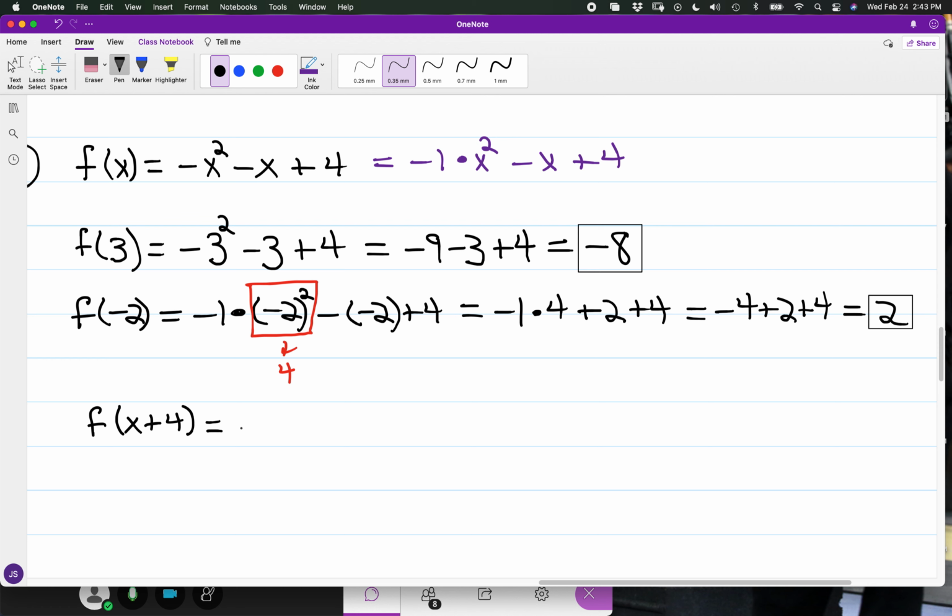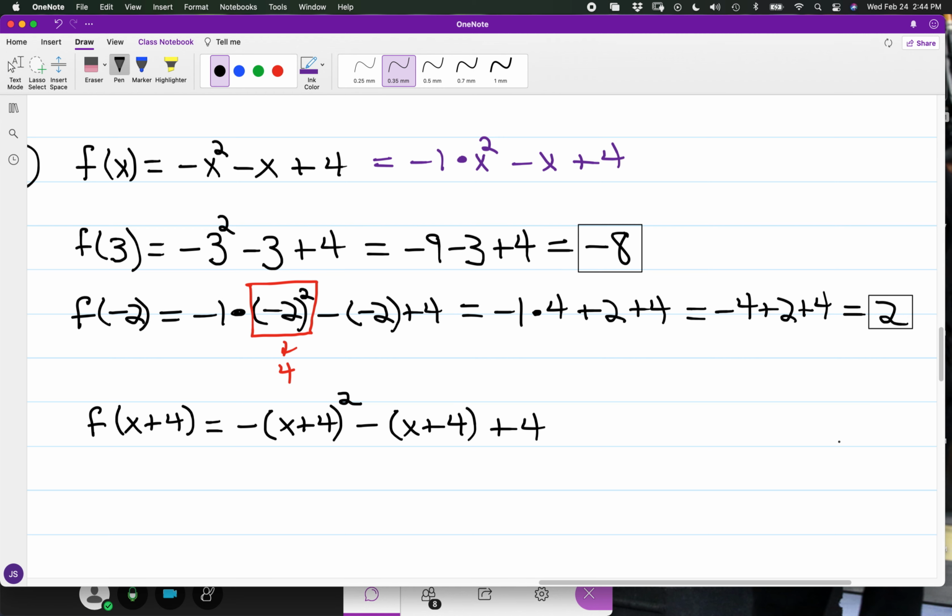So I still have the negative sign, and we're squaring x plus 4. And subtracting the input. Now, I subtract not just x, but everything in the input. So we have minus the quantity of x plus 4. And we have followed by the addition of 4.